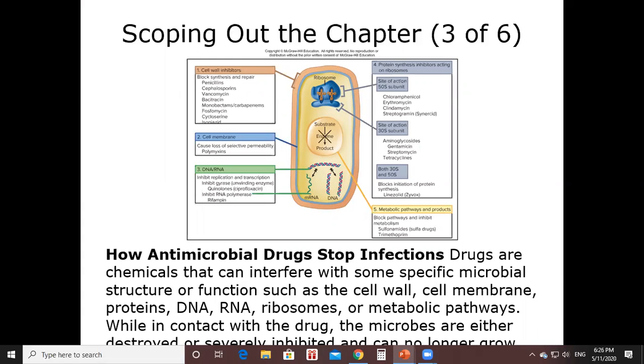Drugs are chemicals that can interfere with some specific microbial structure or function, such as the cell wall, cell membrane, proteins, DNA, RNA, ribosomes, or metabolic pathways. While in contact with the drug, the microbes are either destroyed or severely inhibited and can no longer grow.